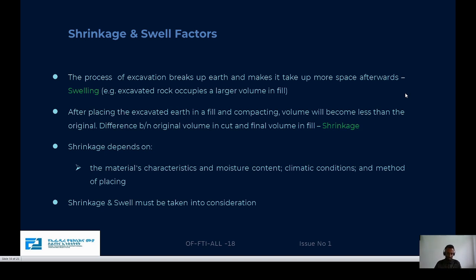Mostly shrinkage is related to the material characteristics. The denser or stronger the material, the more the shrinkage decreases, and the softer the material, the more the shrinkage increases. Also the moisture content: when it is dry, shrinkage or swelling will be less.